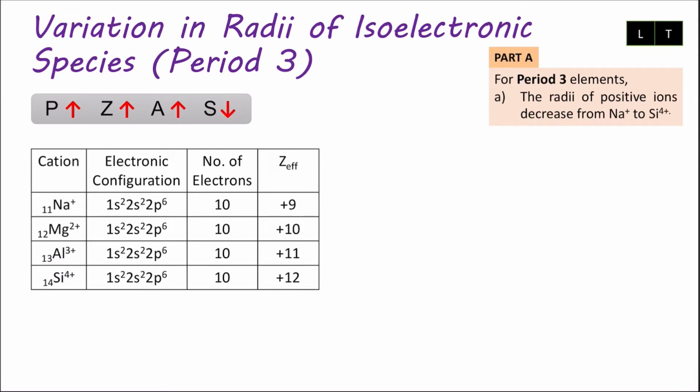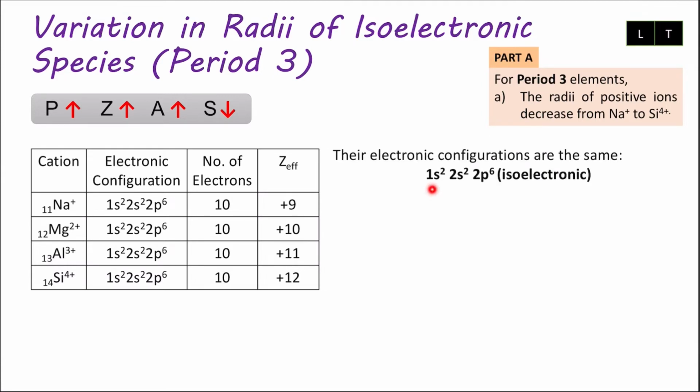Now, the first point that you have to write down, first thing first, before you write about PISAs, you need to mention their electronic configuration that is the same. So you need to mention they are isoelectronic with EC 1s2, 2s2, 2p6. This gives one mark to your explanation. So a bit of an additional point here.